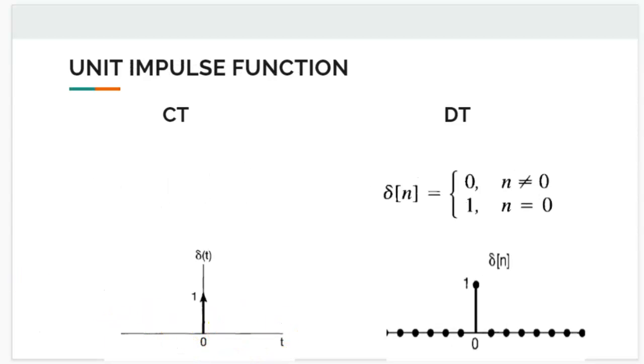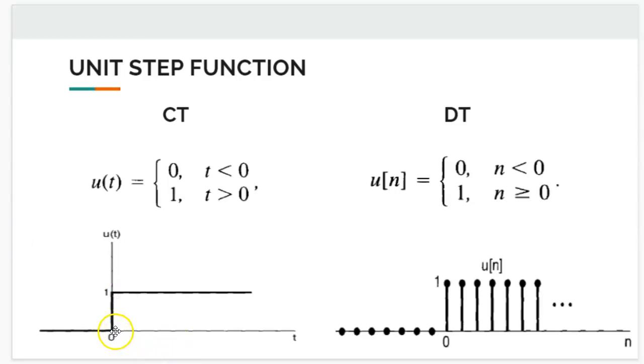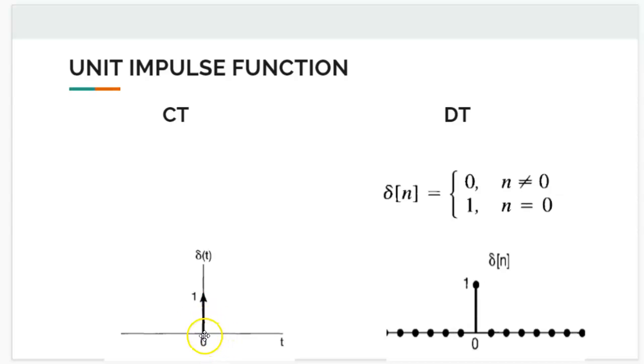And at t equal to 0, in a negligibly small interval of time, u of t jumps from 0 to 1. The difference is 1 minus 0, which is 1, but the time taken to achieve this is so negligibly small that it nearly becomes vertical and the slope becomes infinity.